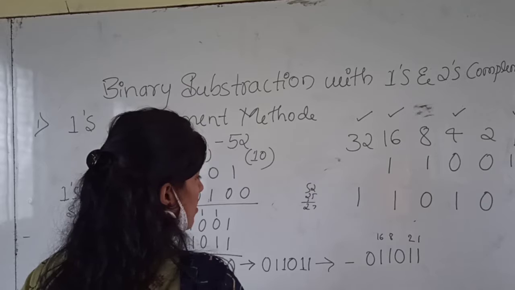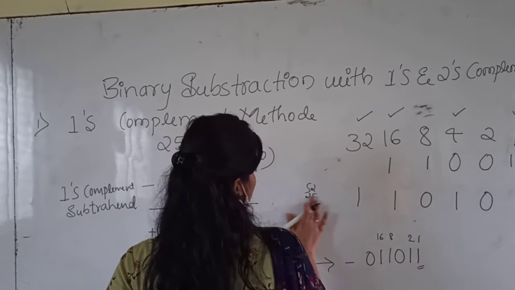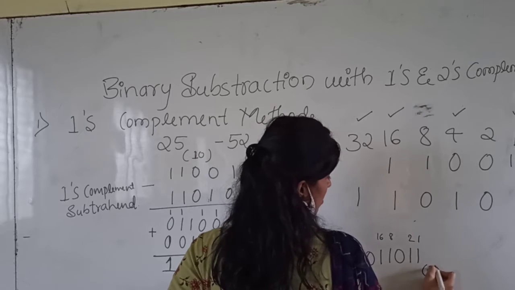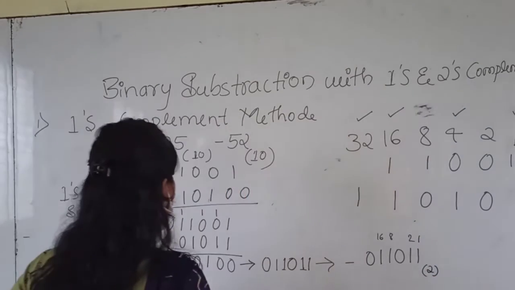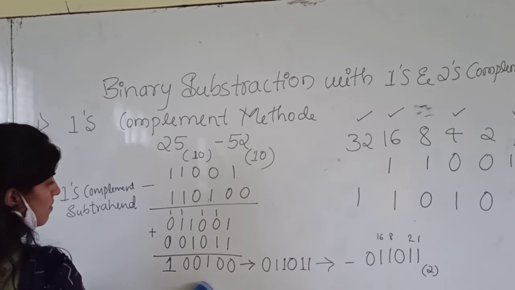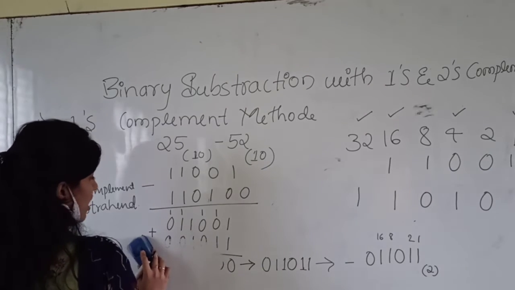Hence the final answer is also 27 with a negative sign. This is the correct result for these two binary numbers. Understood?